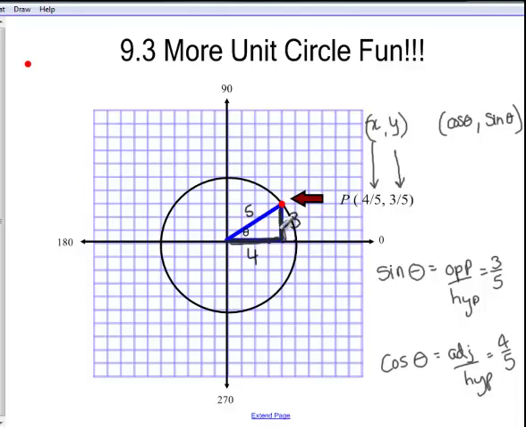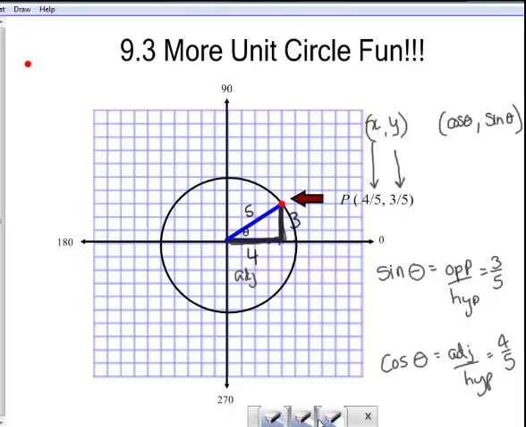Get it? Because when I draw a triangle, the x, which is moving horizontally, is the adjacent side to the angle, and the y value, which is moving up and down, is the sine value to the angle.